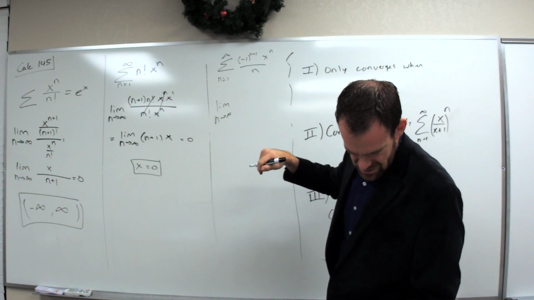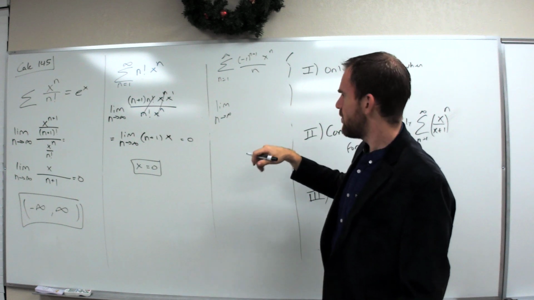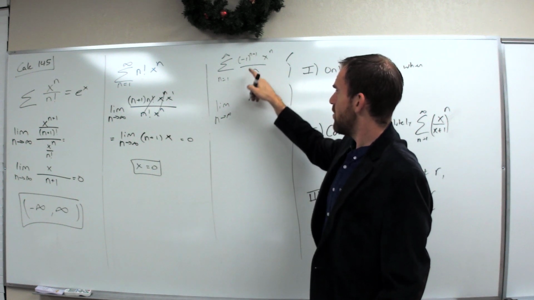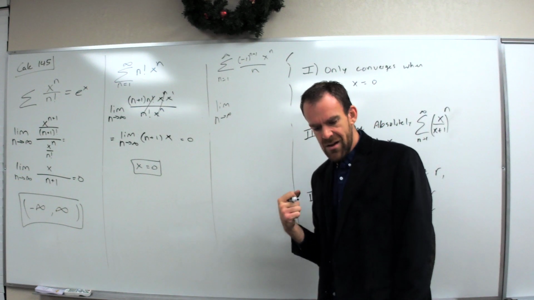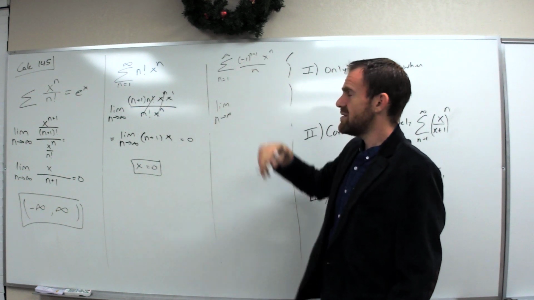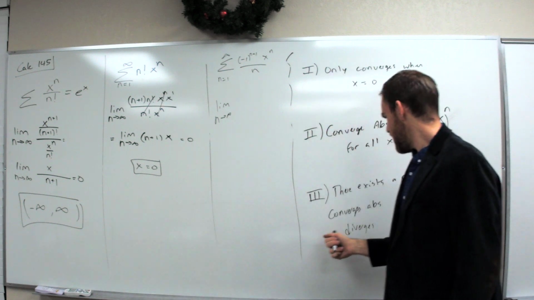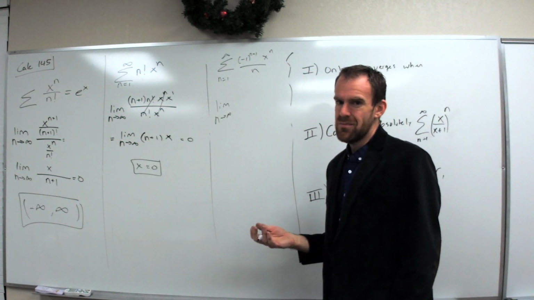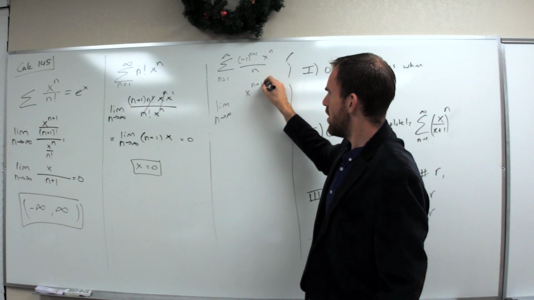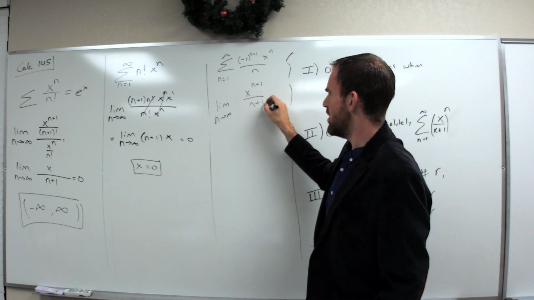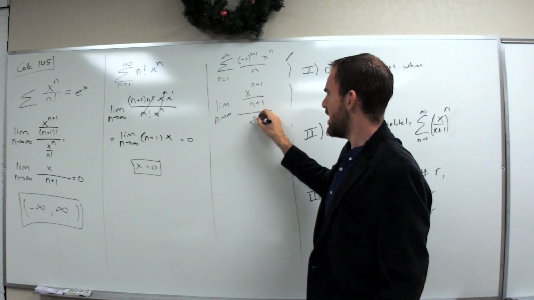Well, first of all, I'm going to take the absolute value, so that gets rid of my negative 1 to the n plus 1. I want to figure out absolute convergence here. So take the absolute value. That's easy. So now I have x to the n plus 1 over n plus 1 divided by x to the n over n.